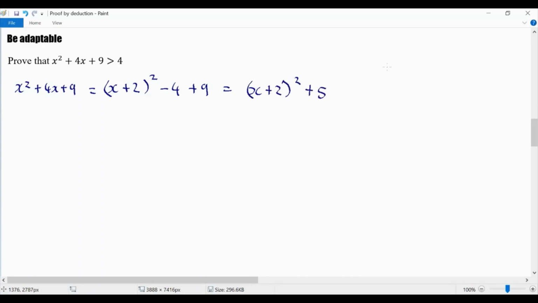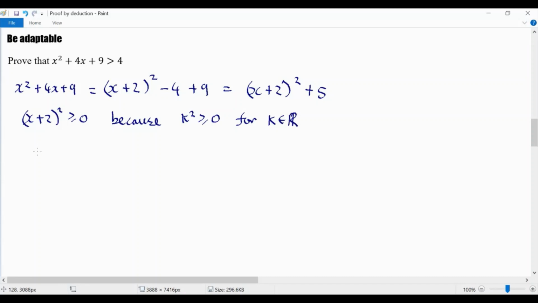Now that's really useful because we know that, again, x plus 2 all squared is got to be greater or equal to 0 because anything squared, you're getting sick of me writing this now, is greater or equal to 0 as long as we're dealing with real numbers.